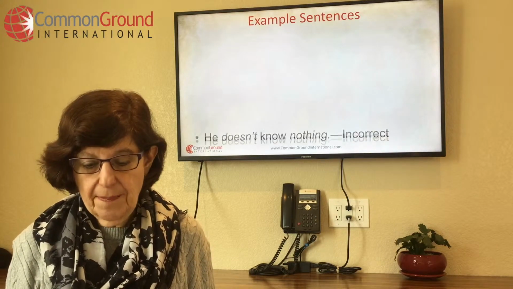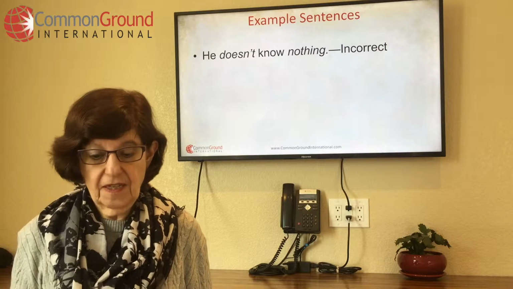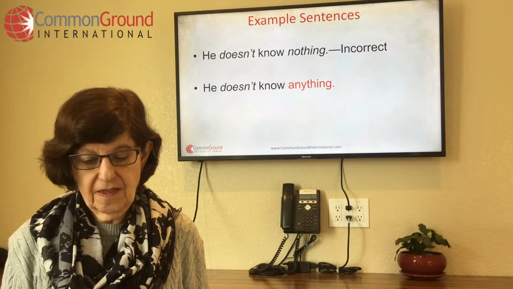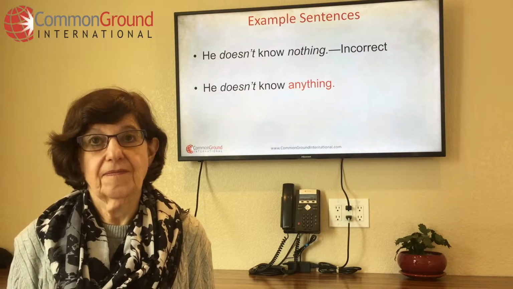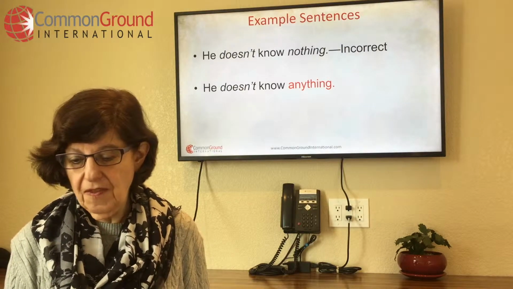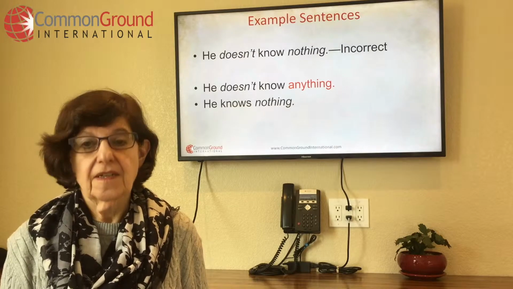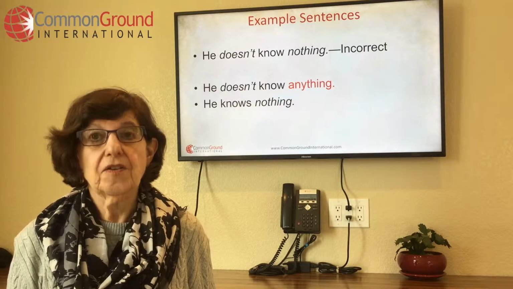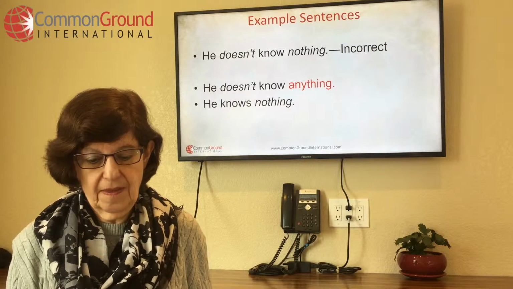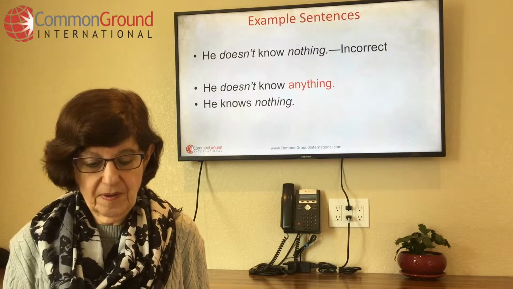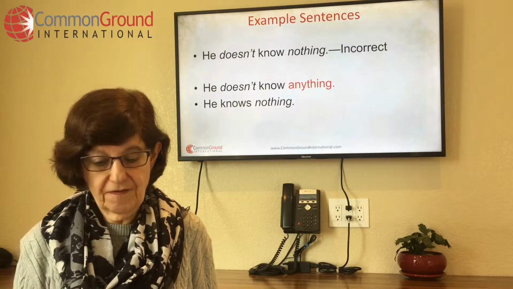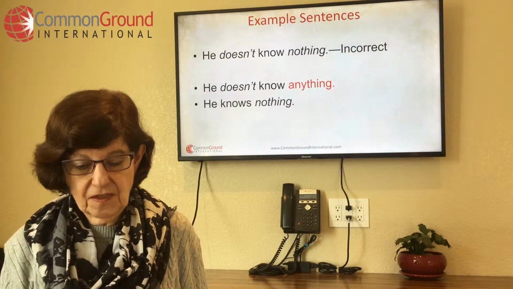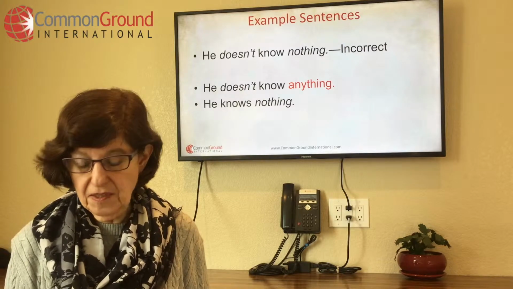I'm going to show you some example sentences with the incorrect, he doesn't know nothing, and then corrected, he doesn't know anything. Nothing becomes anything. Now watch this. He knows nothing. If you really want to use nothing, you can, but don't use a negative verb. Put no in the affirmative. Instead of he doesn't know, he knows. He doesn't know anything or he knows nothing means the same thing.